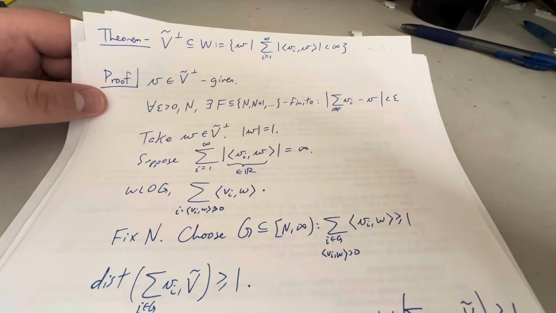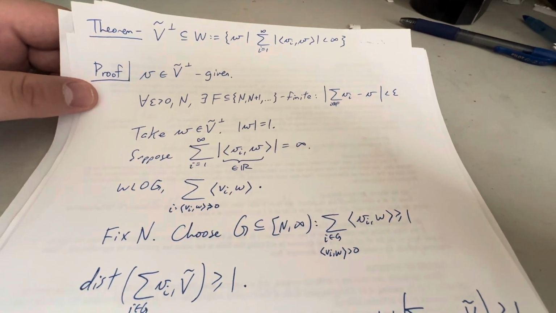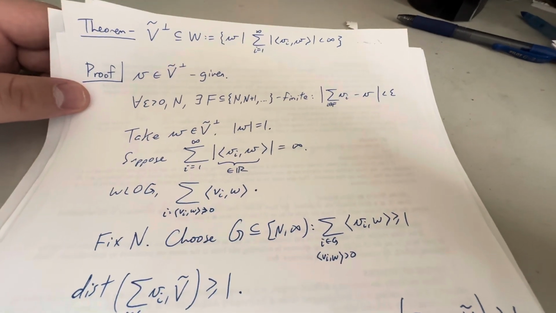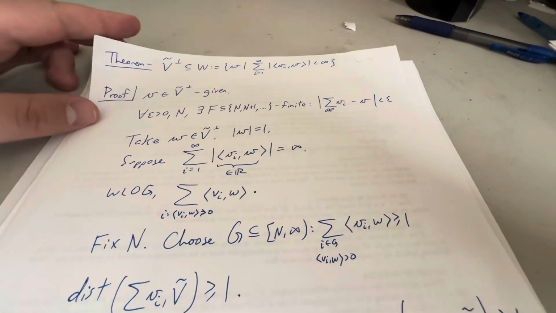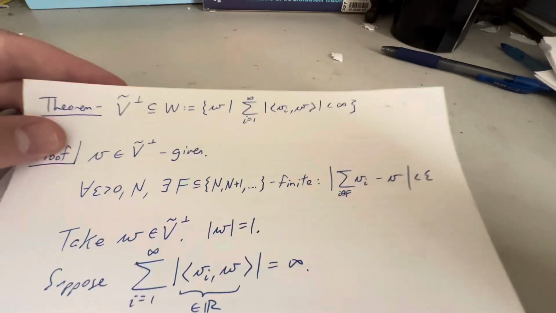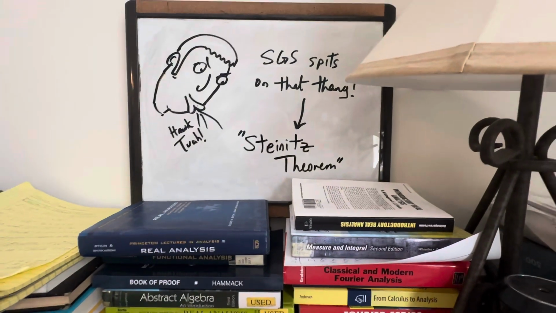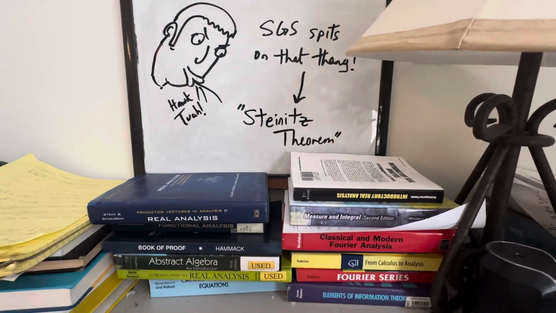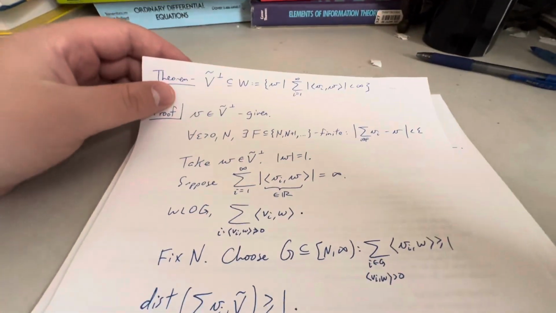But anyway, the biggest problem that I have this weekend is that I need to prove these horrible long theorems. The first theorem, well, okay, so as you saw from my cartoon up here, the struggling grad student spits on that thing, and that thing being the Steinitz theorem.